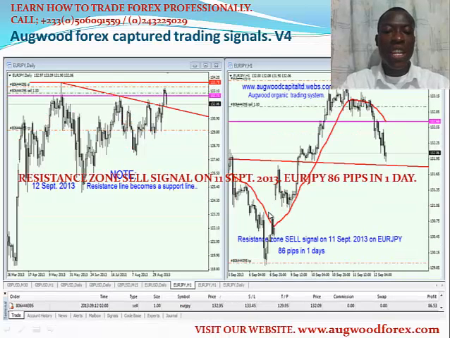Now this is the next signal also. This is a resistance zone sell signal on the 11th of September 2013 on the Euro JPY currency pair. It also made 86 pips in 1 day, which means the day we took the signal, it was the same day we made this profit. And you could also see the confirmation of this particular trade execution down here.